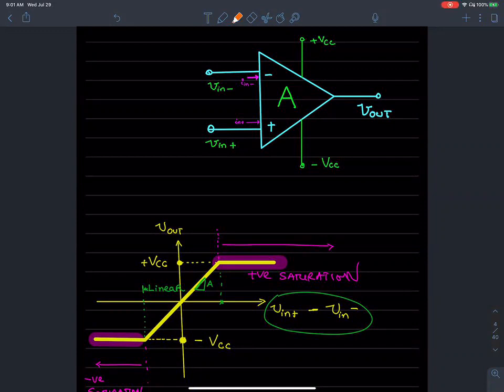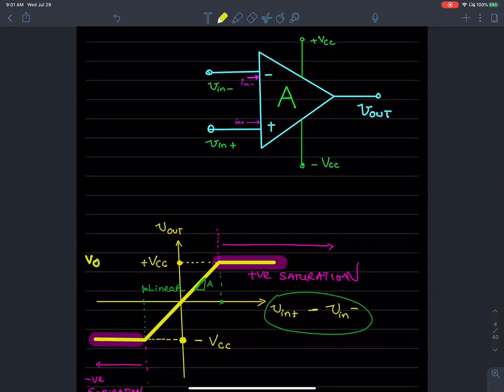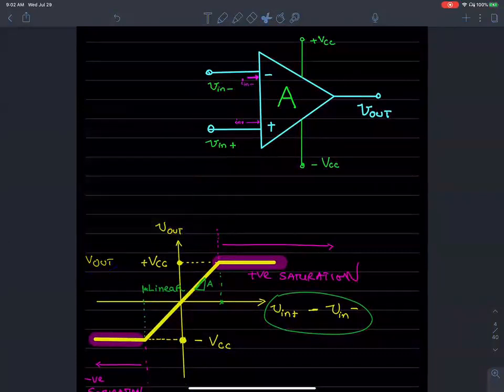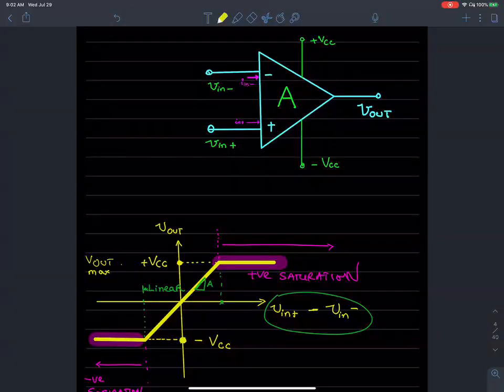This is V output maximum. V output max is plus VCC. V output minimum is negative VCC. That information is shown using a graph, and then the gain is shown to be the slope here. So that's the idea.